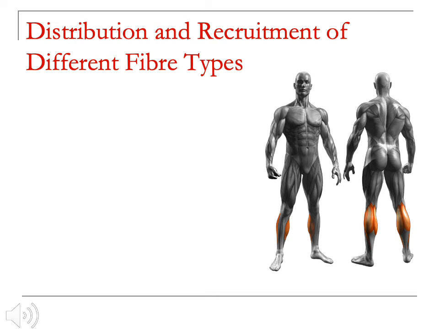For example, the major postural muscles of the neck, the back, and the legs have a much higher proportion of slow oxidative fibers. That's because we need those muscles to work for extremely long periods of time without fatigue in order to maintain posture.